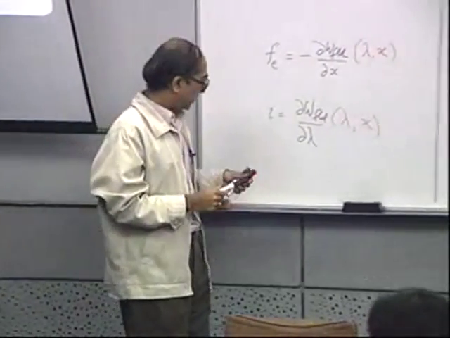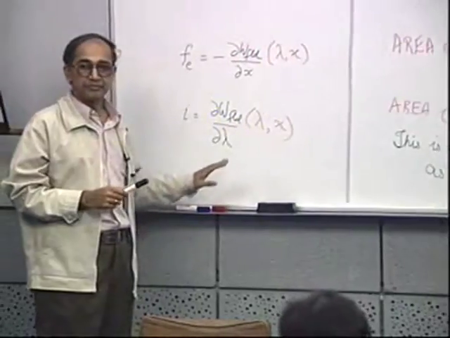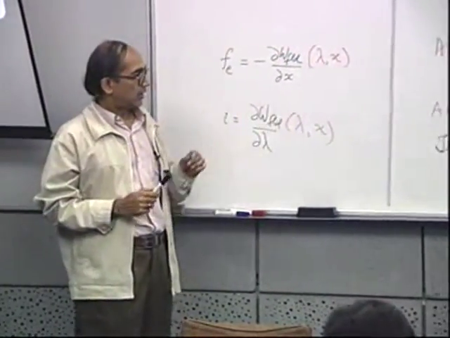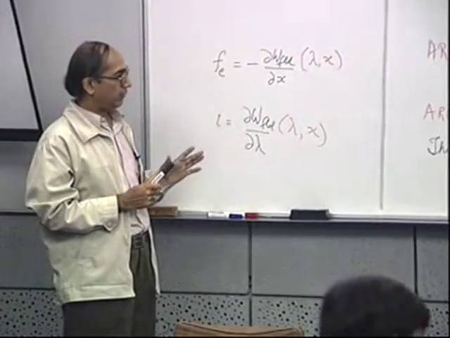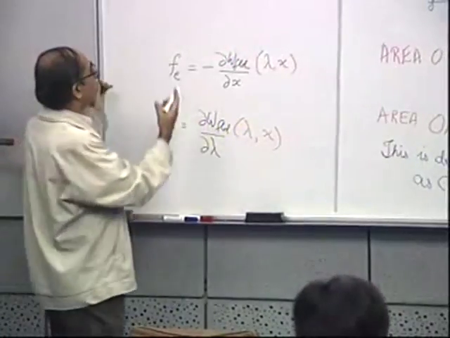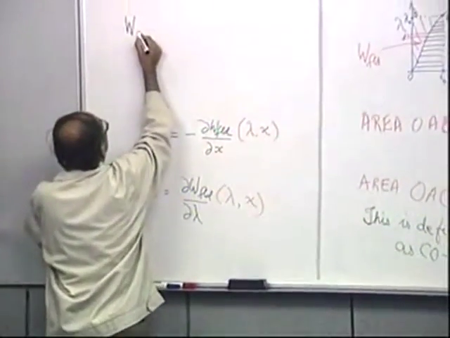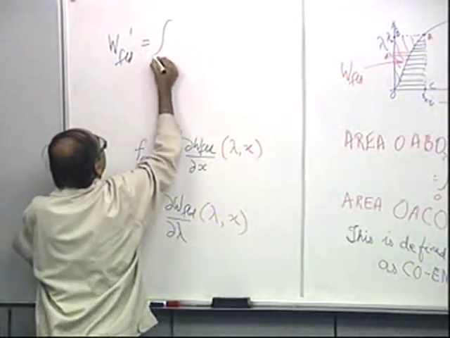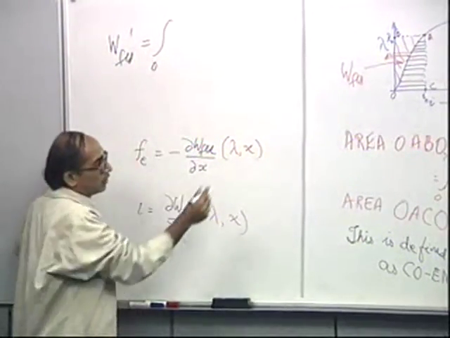Now with this arrangement, we can have, how do you define this W field dash? We can define it as, how do you define that?